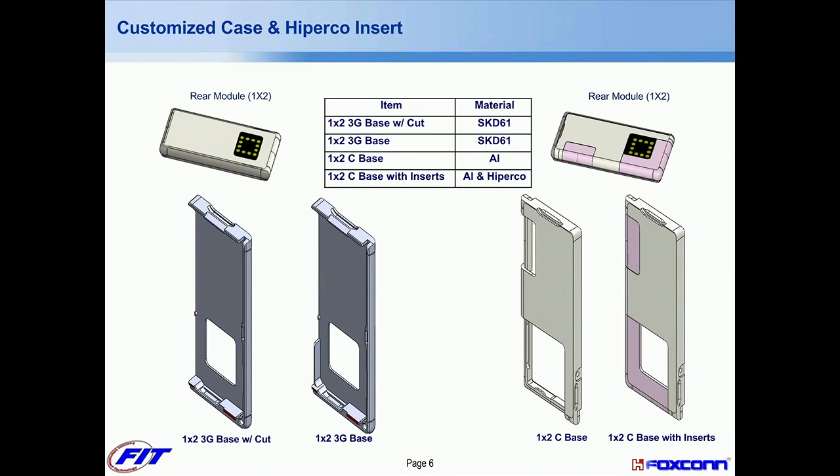Due to the different applications, it may need more module space with different mechanical features. So this may interfere with the current module base and the insert space. Foxconn can work with the module developer to customize the module base and the module insert, including the magnetic force analysis, because any actual mechanical feature may cause magnetic flux leakage to affect the holding force.